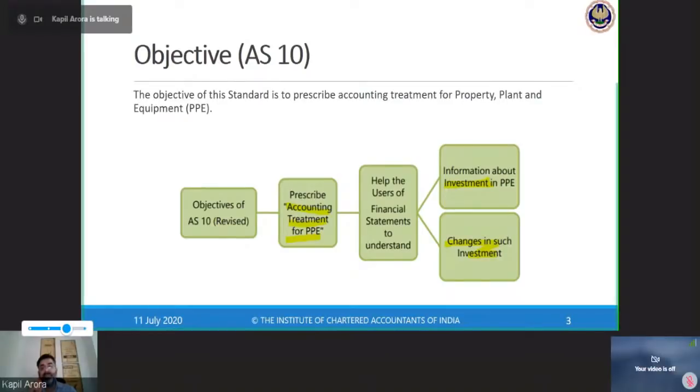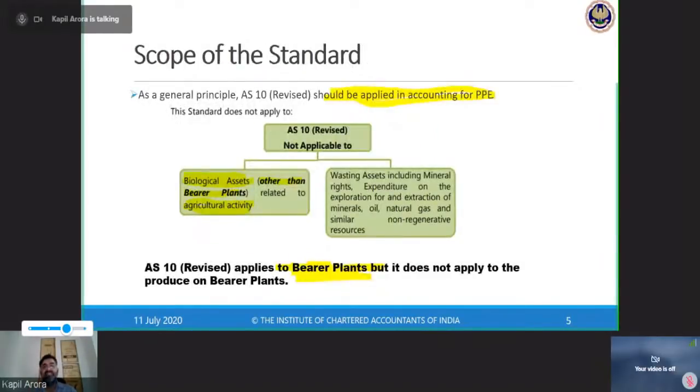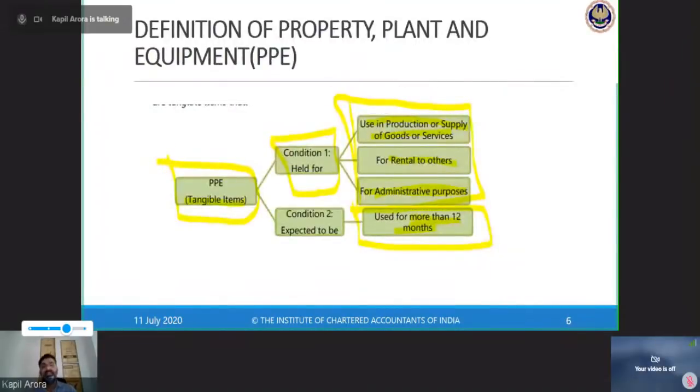In the definition, we saw that these are tangible assets held either for use in production or supply, or for rental to others, except land and building, or kept for admin purposes. A tangible asset kept for any of these three purposes and expected to have more than 12 months of useful life, if all three criteria are satisfied, we will record as property, plant and equipment.